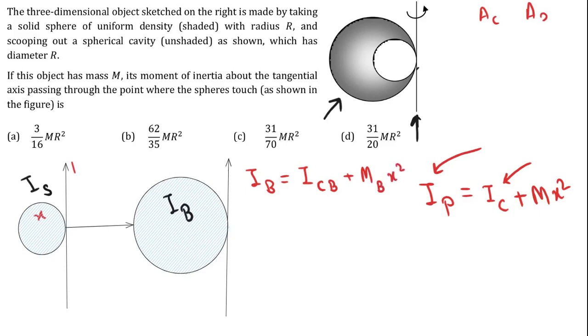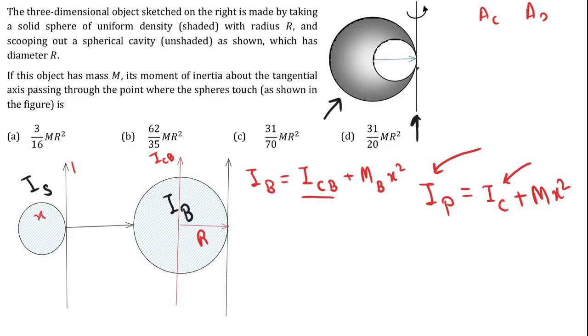Now what I am doing here is that ICB is the moment of inertia about this axis. So let me write here ICB, and I'm adding x squared. This x is basically the distance from the center of mass to this axis, but this is not actually x, it's r as given in the question, because here this distance is r.